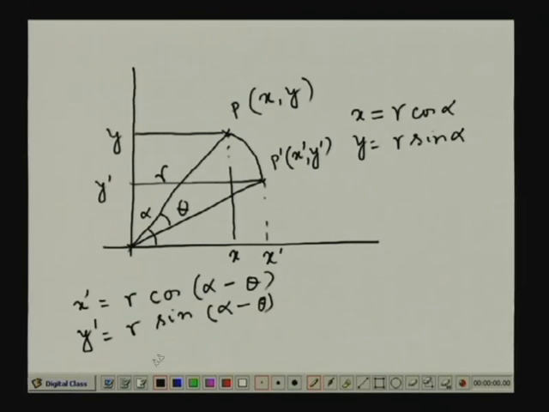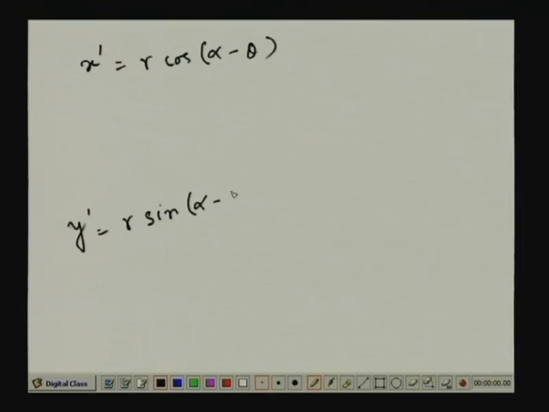If I simply expand this, I have x prime equal to r cosine alpha minus theta and y prime equal to r sine alpha minus theta. Expanding the cosine term, it will simply be r cosine alpha cosine theta plus r sine alpha sine theta.